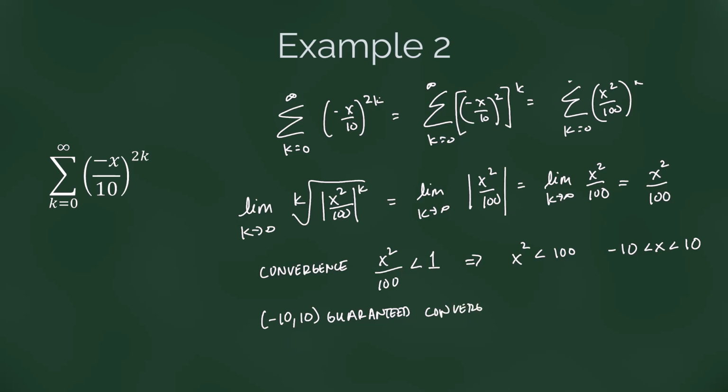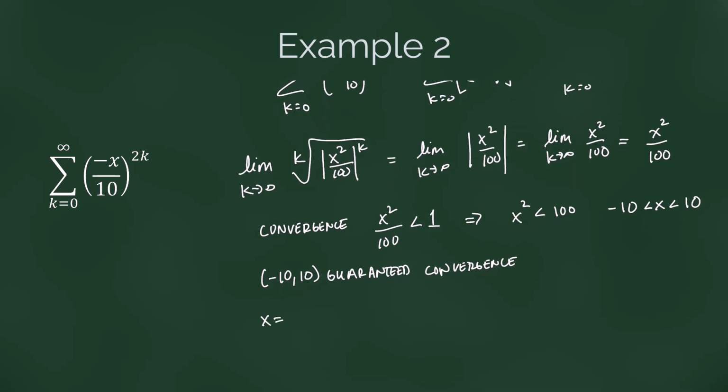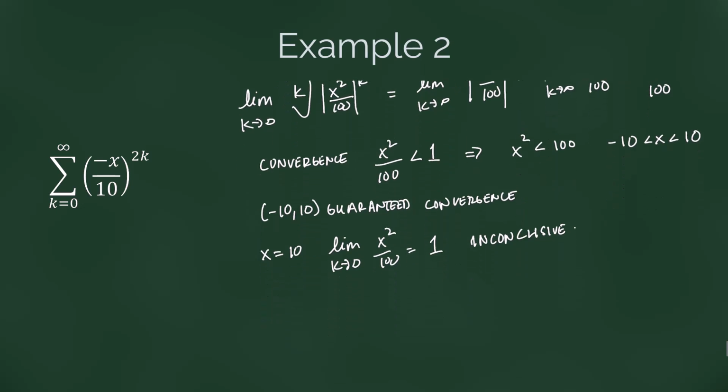However, notice that when x equals 10, our limit is then equal to 1, which is the inconclusive case. So we have to do a little bit more work. Let's see what happens when we plug 10 into our series.